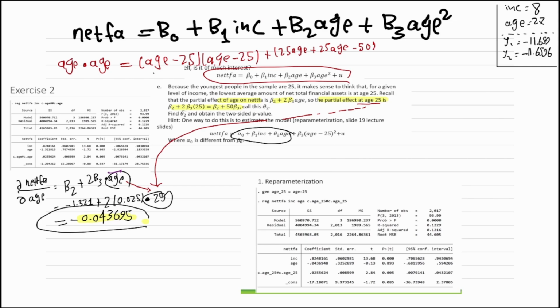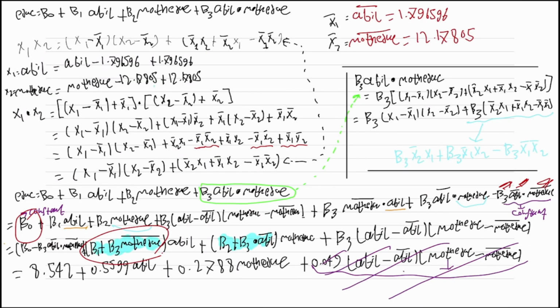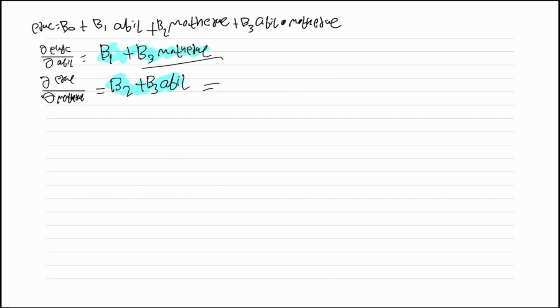And this is why we take the partial derivative, and the result we obtain from it, when you substitute the average, we call the average partial effect. If we do the derivations, we see that the equation we get, or the new coefficient of ability, is the same one as when we do just the partial derivative.